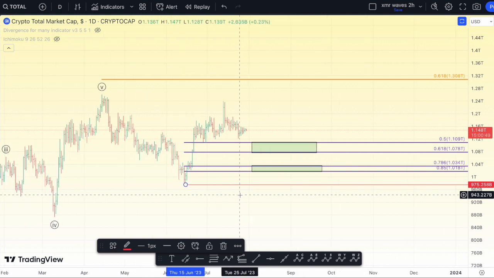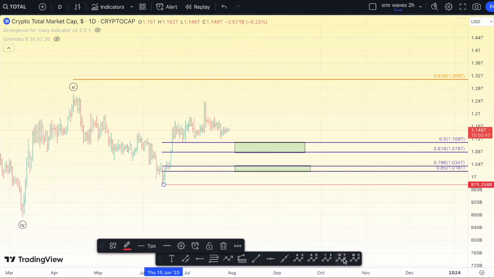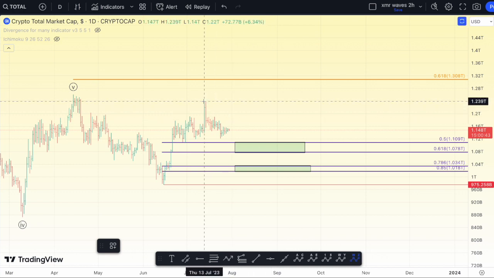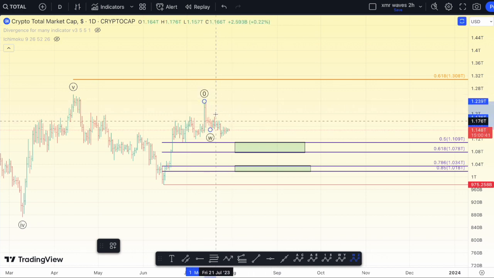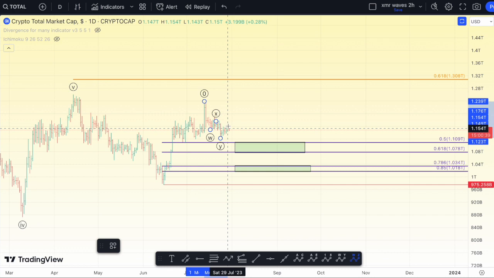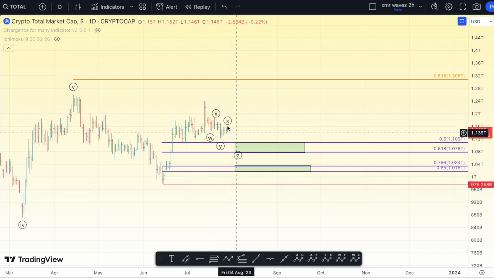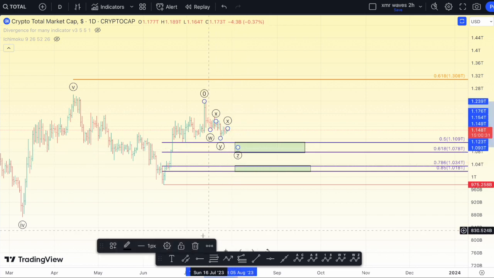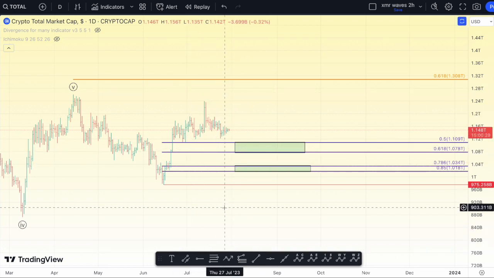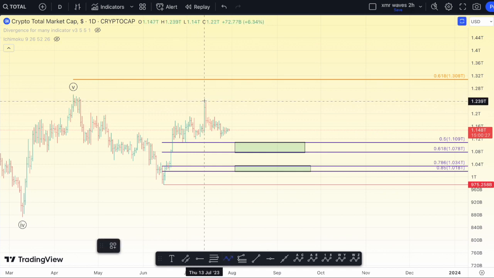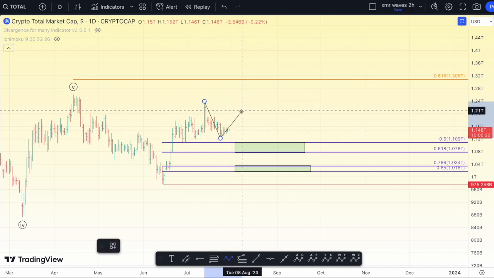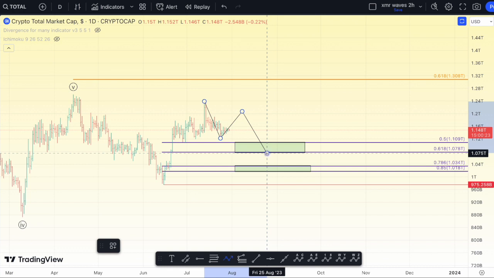Now that I look at it right here, we could have another complex structure, something very similar to this. This could very well finish right here, or we could have another scenario for this, like an ABC, something like that.